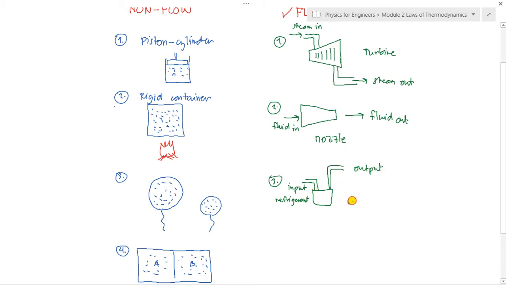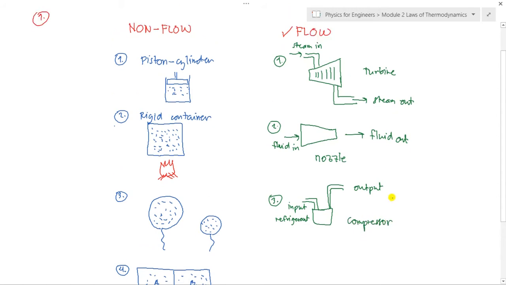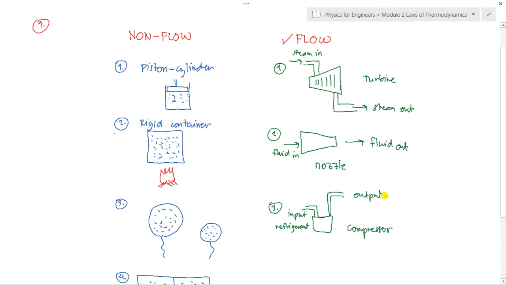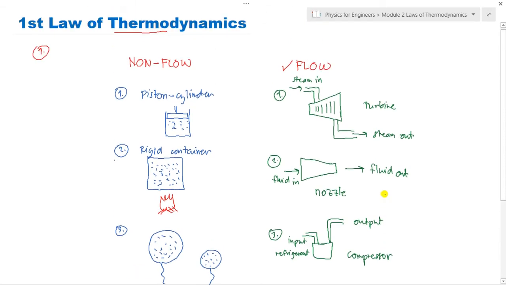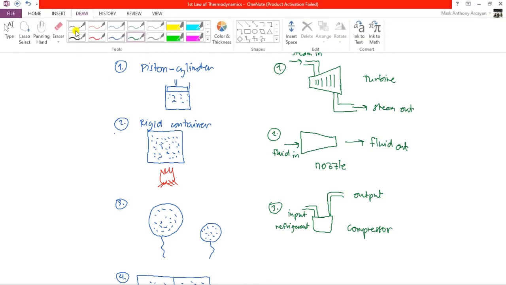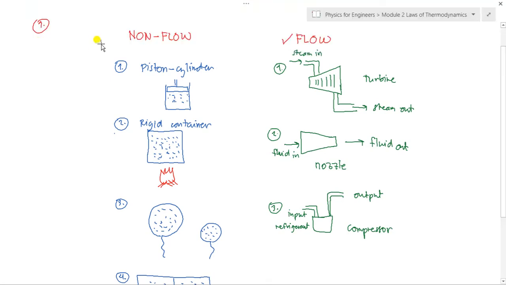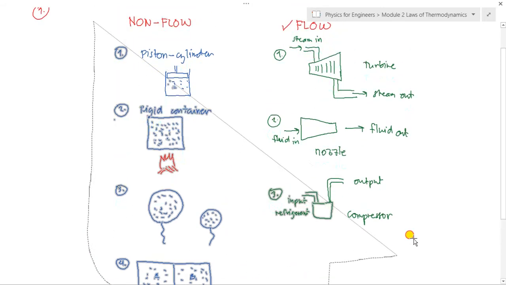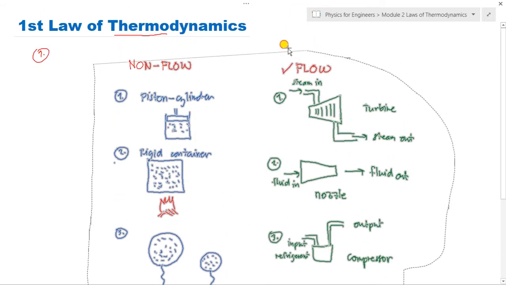This is called a compressor. The compressor follows a flow process since the refrigerant enters and also exits. That is an example, and actually there are many examples of flow processes. Here we are just focusing on the non-flow process, since this is the basic foundation of thermodynamics.